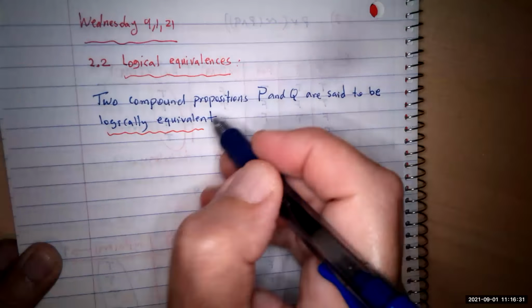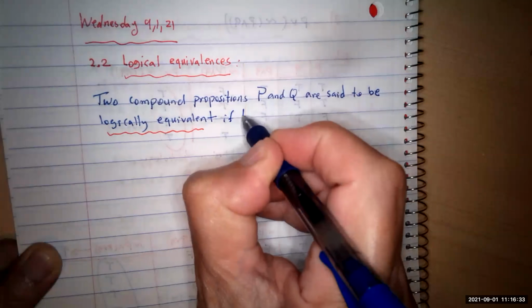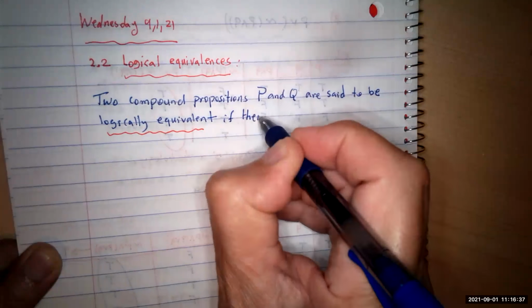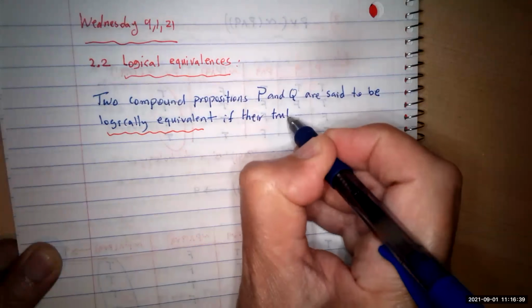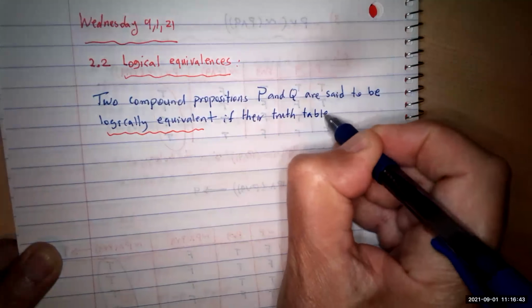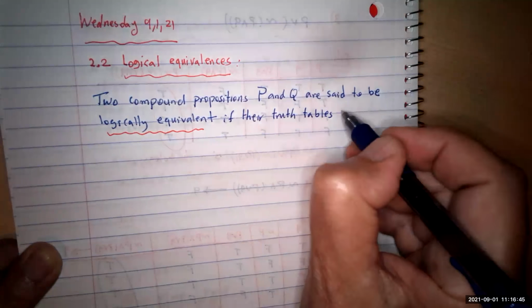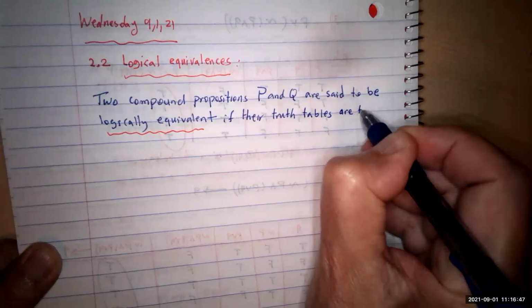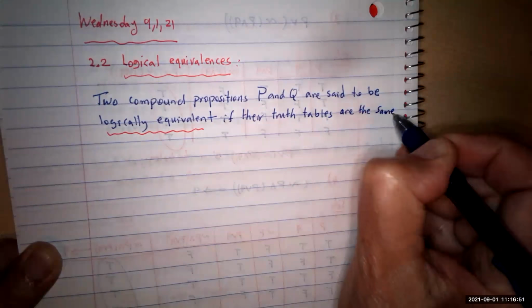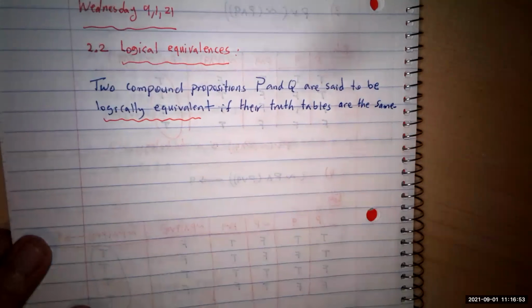If their truth tables are the same, then they are going to be kind of identical.